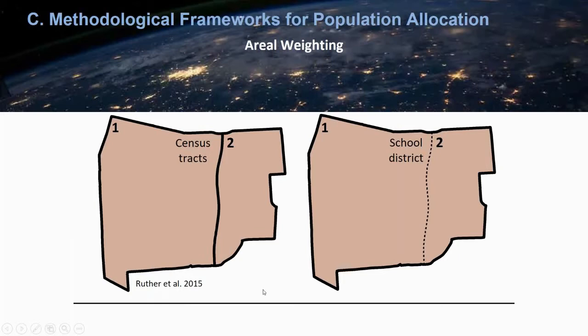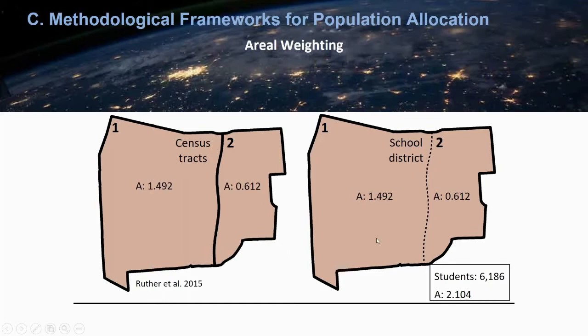Here is a quick illustration of how this works in practice. We have one school district, and we know how many students are registered for this school district. We would like to estimate how many students of this school district are living in different census tracts. We have two census tracts, 1 and 2, and we know the areas of these two census tracts as well.